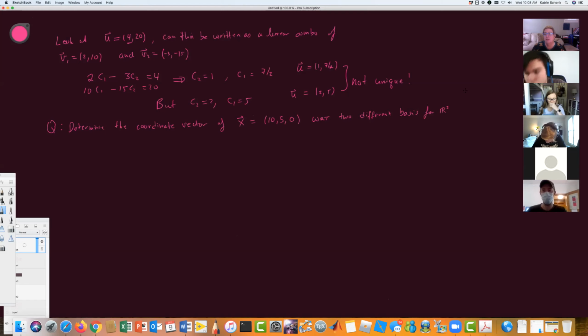In a different math class, R3 would just be all space. Here, when I say R3, I mean the vector space of those vectors. Okay, so we're going to try two bases.